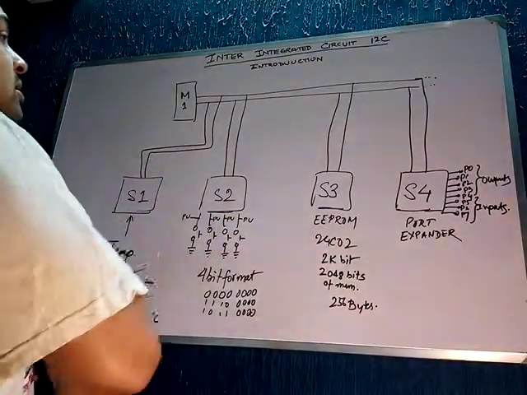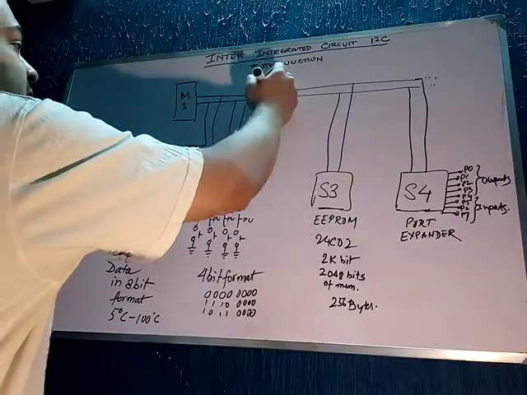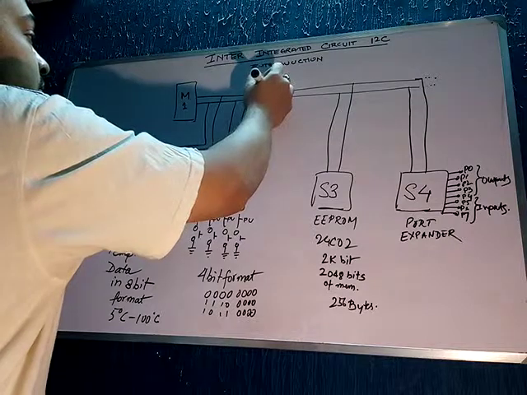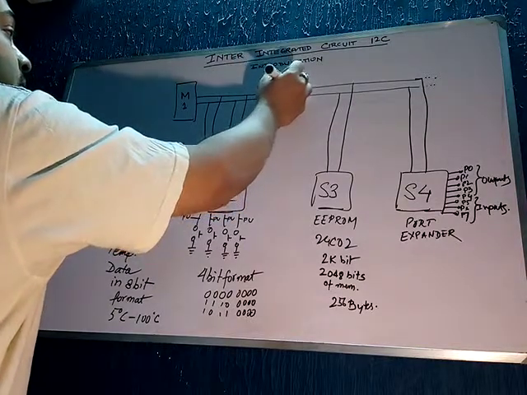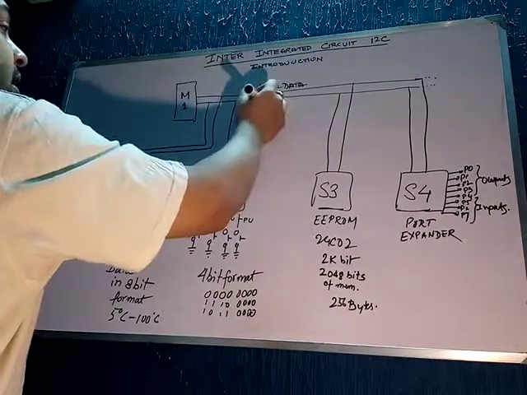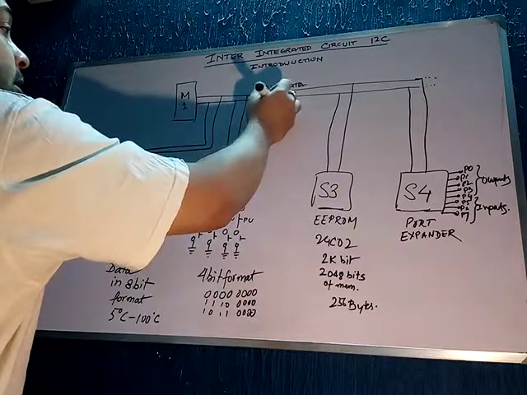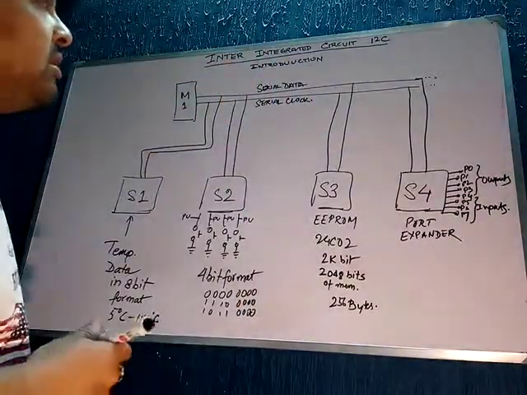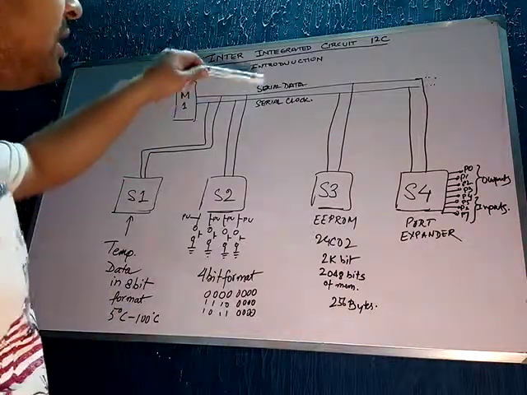One is called the serial data, and the other is called the serial clock. Now why are only two lines used?